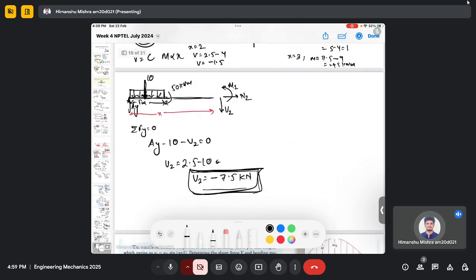Then we can calculate the bending moment M2.